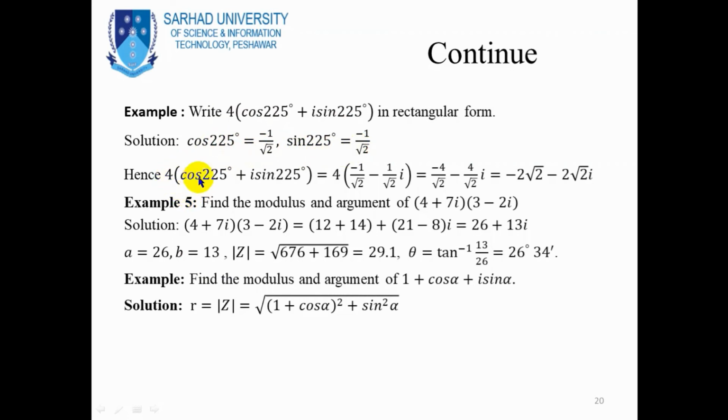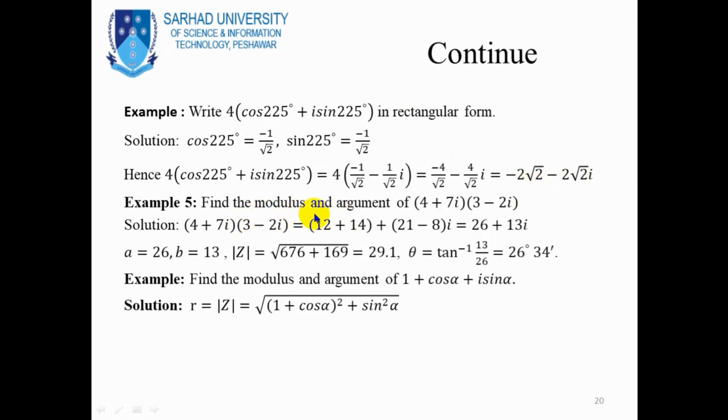So 4 into cos 225 degree plus iota sine 225 degree is equal to 4 into, this is actually the x, minus 1 under root 2, this is the y, minus 1 under root 2 iota. Now minus 4 divided by under root 2 minus 4 divided by under root 2 iota. So minus 2 under root 2 minus 2 under root 2 iota. This is the real part, this is the imaginary part. So the polar form is converted into the rectangular form.